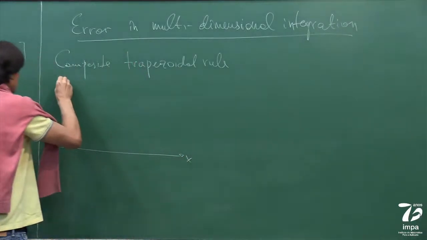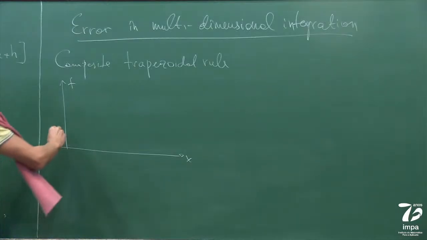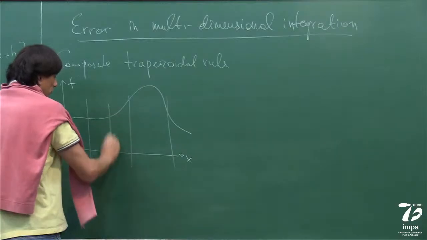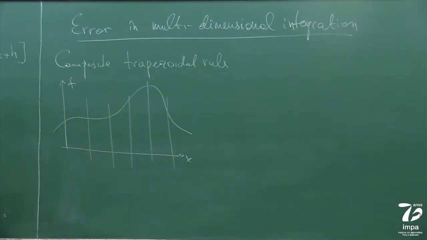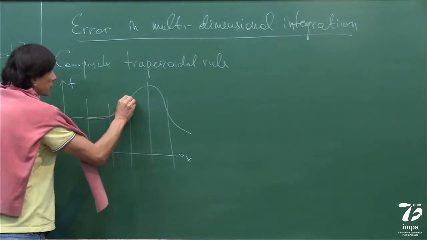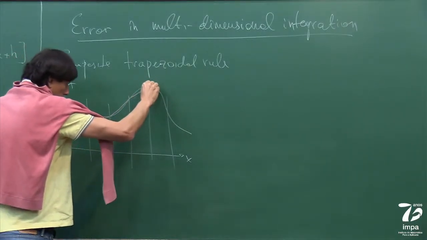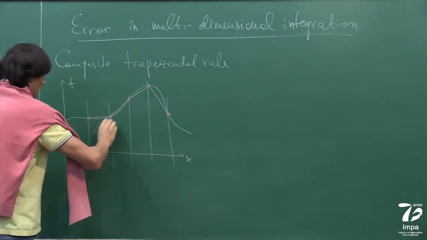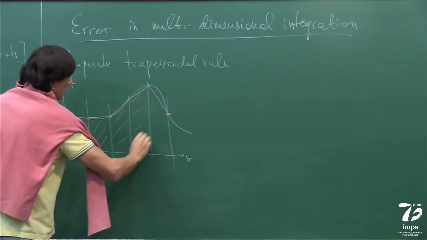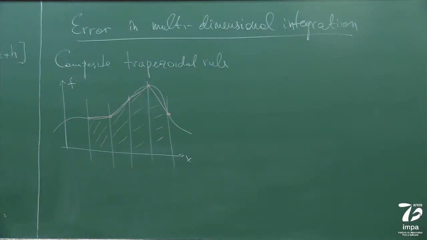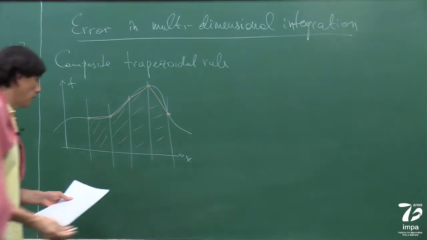The simplest way is you take a function, split into equal intervals, and just within each interval you approximate the function by a linear one, and this area under the linear approximation is the trapezoidal rule, and we know what it is.